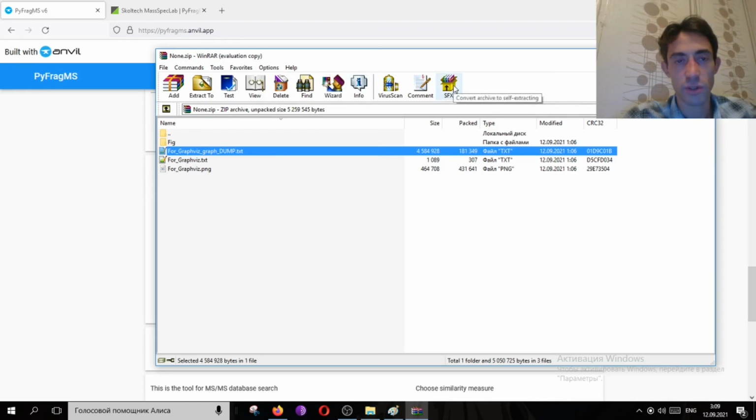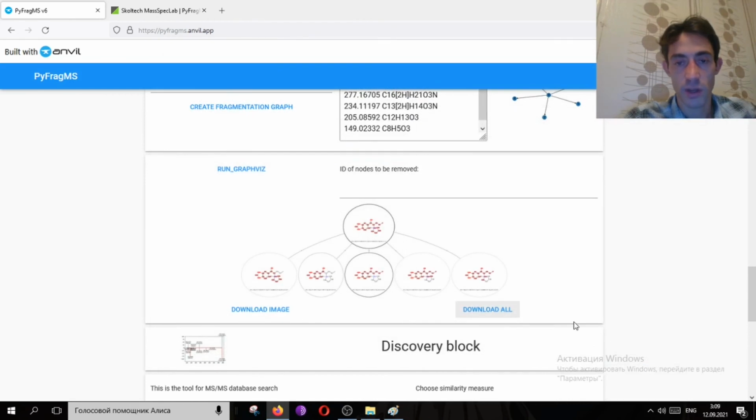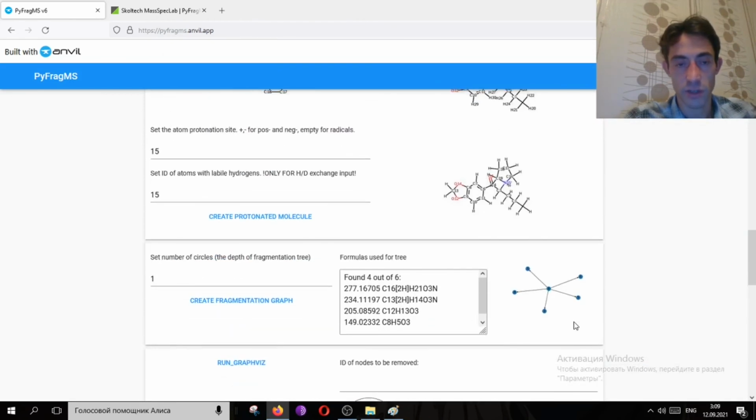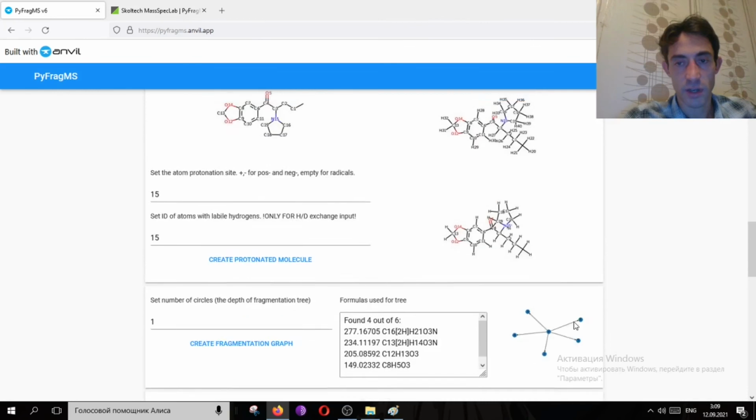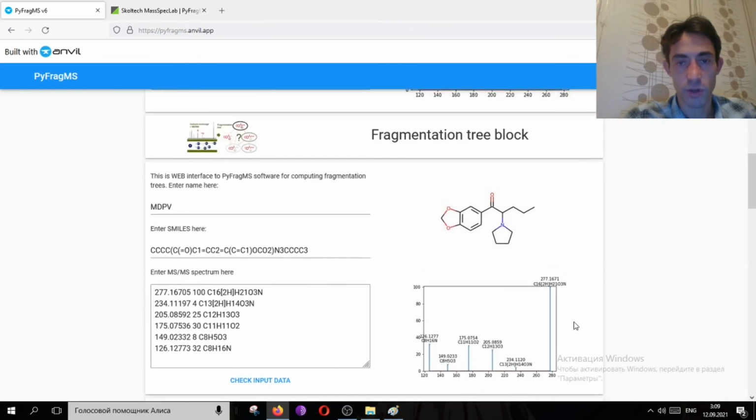So you can download it, then load it in your own code, inspect it, modify it, and do what you want with it. So this is how this block for creation of the fragmentation tree works.